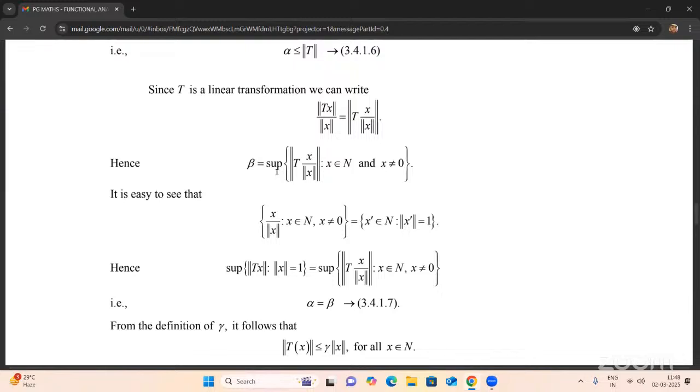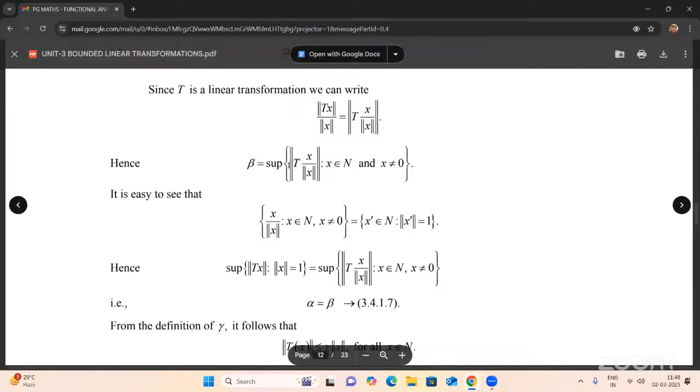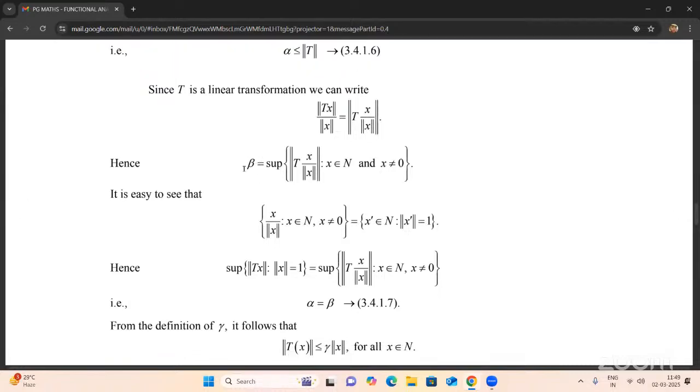When you understand the concept of functional analysis thoroughly, practice it, especially for the bounded linear transformation, and it will automatically be present in the paper. There is no doubt. Through alpha, beta, gamma, we have to explain this. Now, beta is the supremum of norm T of X by norm X.